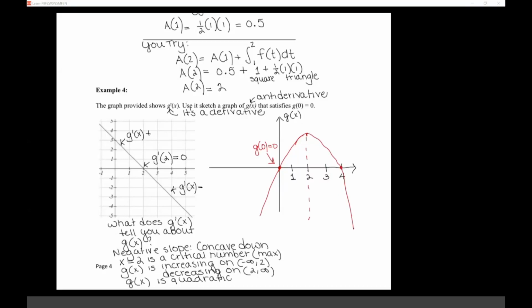But again, the critical idea I wanted to get through was this condition anchors it on the graph. Remember, we said the stuff that the derivative tells us is it's a parabola. It has a maximum at 2, okay? And it's opening down.